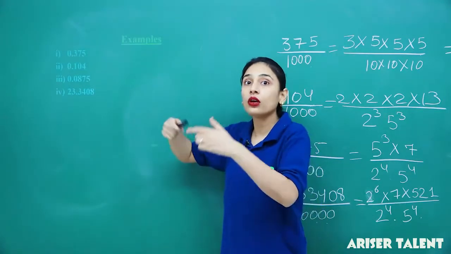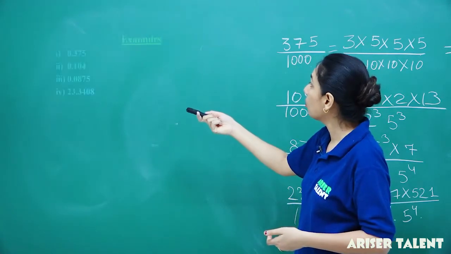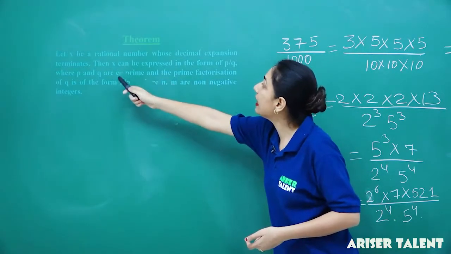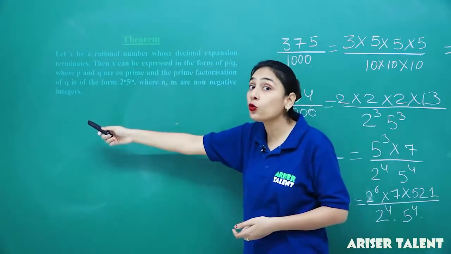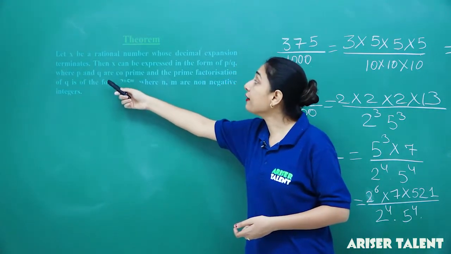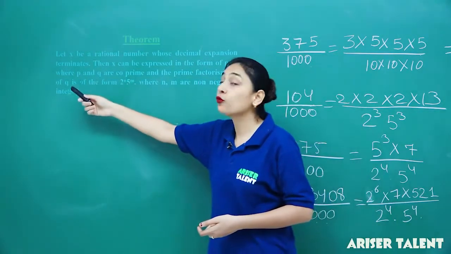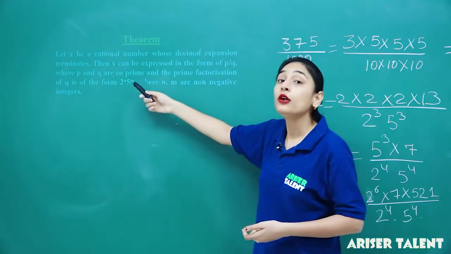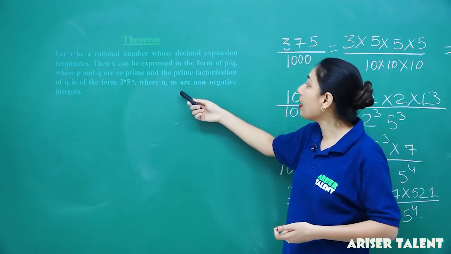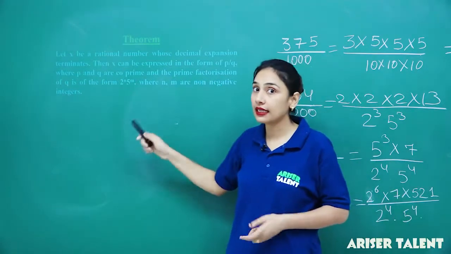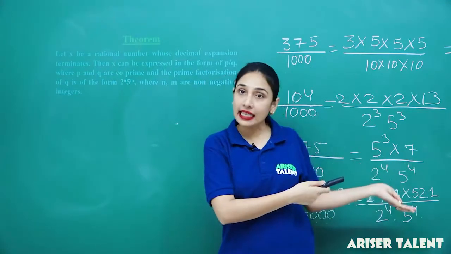It never goes on and on in these 4 numbers. Then x can be expressed in the form p by q, where p and q are co-primes and the prime factorization of q is of the form 2 raised to power n and 5 raised to power m, where n, m are non-negative integers. This is what I told you by example.